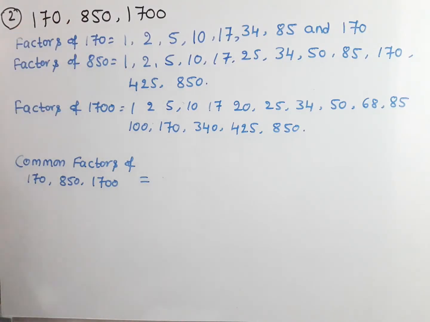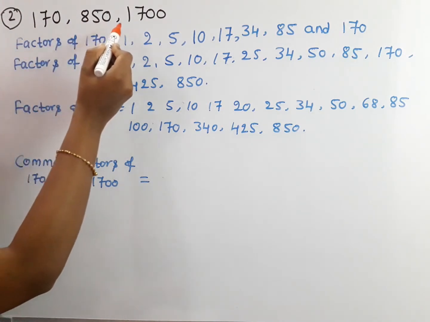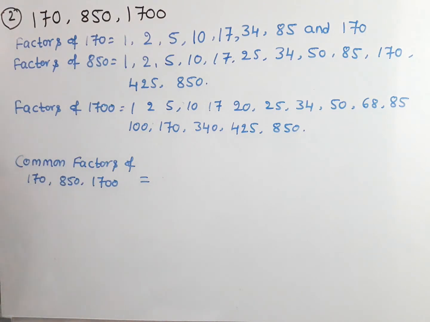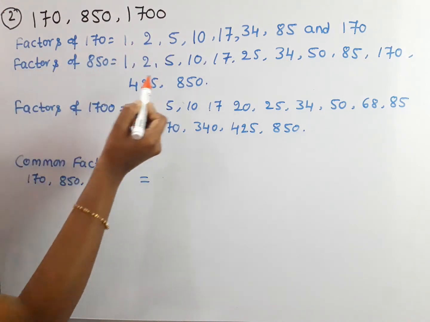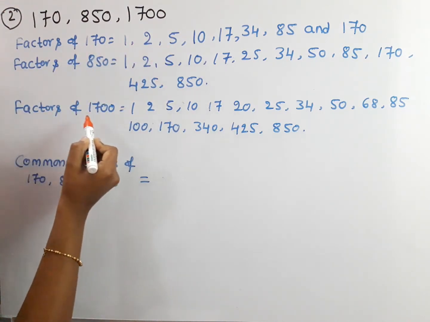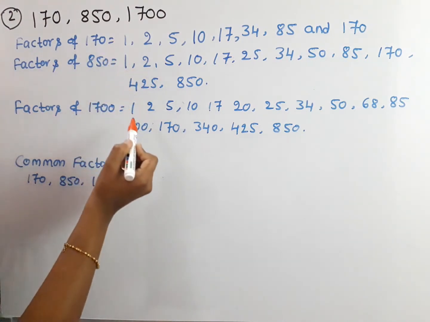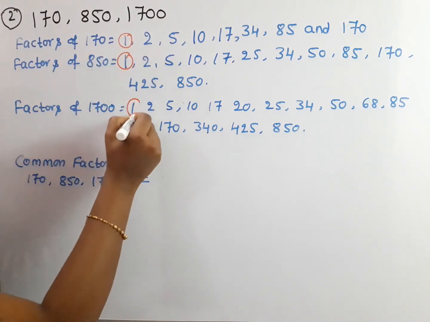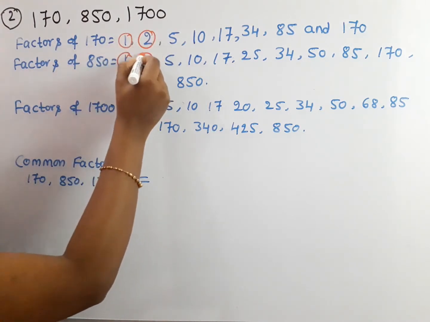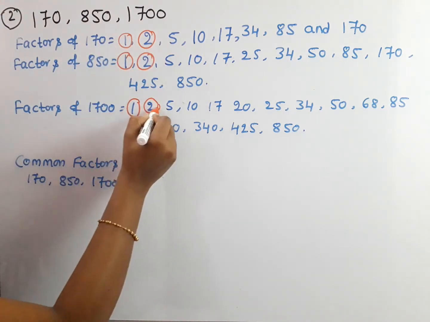The second problem, find the HCF of 170, 850 and 1700 by using common factor method. Students, I have written the factors of 170 here and factors of 850 and factors of 1700. So here, observe the common factors of these three numbers. 1 is a common factor, then 2 is a common factor of 170, 850 and 1700.